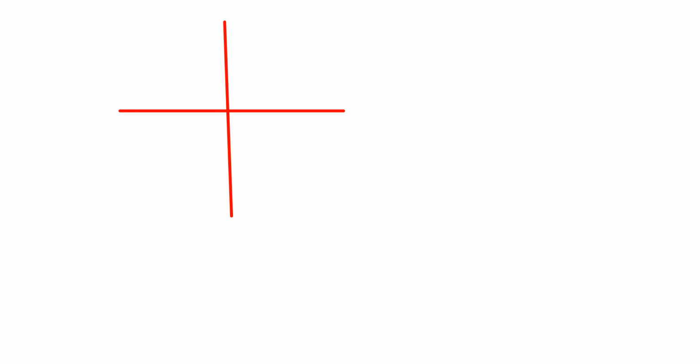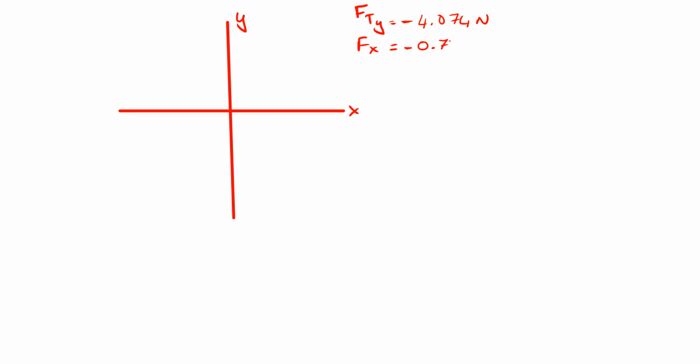So Y, X. Remember, we found F total Y to be minus 4.074, so that's down, and F total X to be minus 0.778, about minus 0.8, or 0.78.